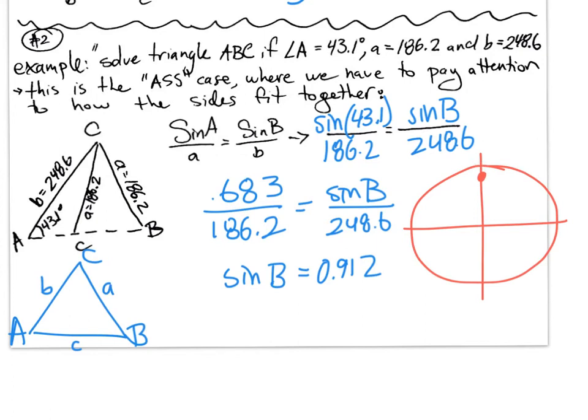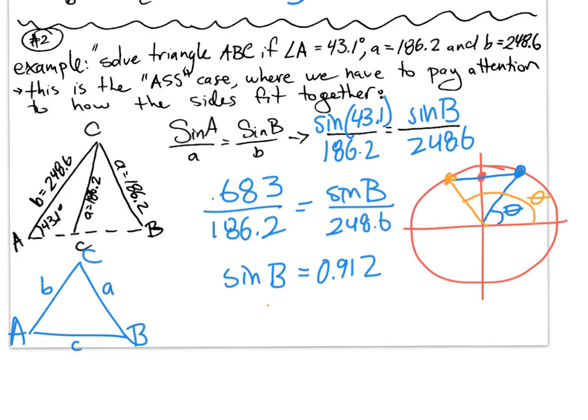And there are 2 angles that have that sine. So this angle has a sine that is 0.912. And I'm going to pick a different color here, like that orange. And this angle also has a sine that is 0.912. So the angle in orange has a sine of 0.912, and the angle in blue has a sine of 0.912.